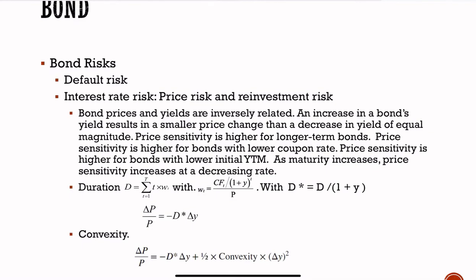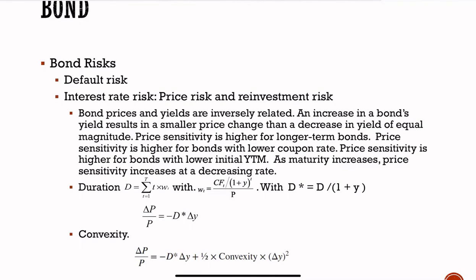So first, the basic understanding of the interest rate risk is you have to understand it has 2 components. The first component is price risk. That is, the bond price will change if the interest rate changes. To be more specific, if bond yield increases, bond price will decrease, right? So this is a price risk.